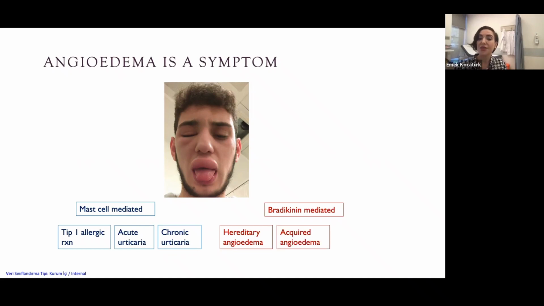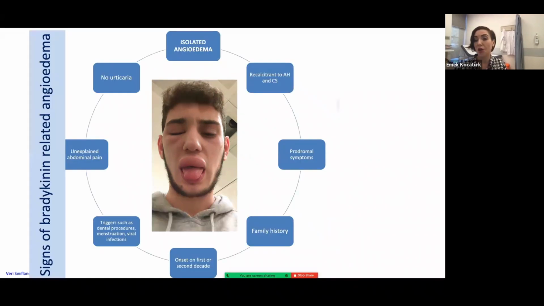And if this is the case, then the patient may have hereditary angioedema, acquired angioedema, or drug-induced angioedema. And these patients usually tend to have some features that warn us about the possibility of bradykinin-mediated angioedema. For example, they are recalcitrant to antihistamine or corticosteroid treatment, and also omalizumab treatment.